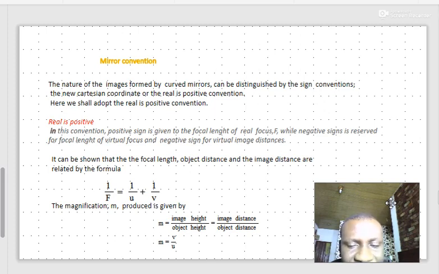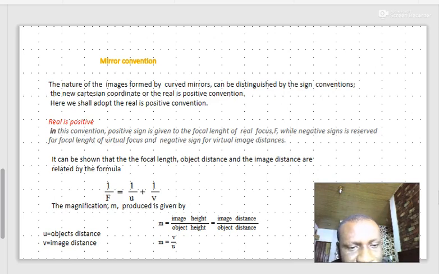We have seen that objects are placed at a distance away from the pole of the mirror. That distance of the object from the pole of the mirror is what we refer to as u, the object distance from the mirror, and we are going to call v the image distance from the mirror in this study.